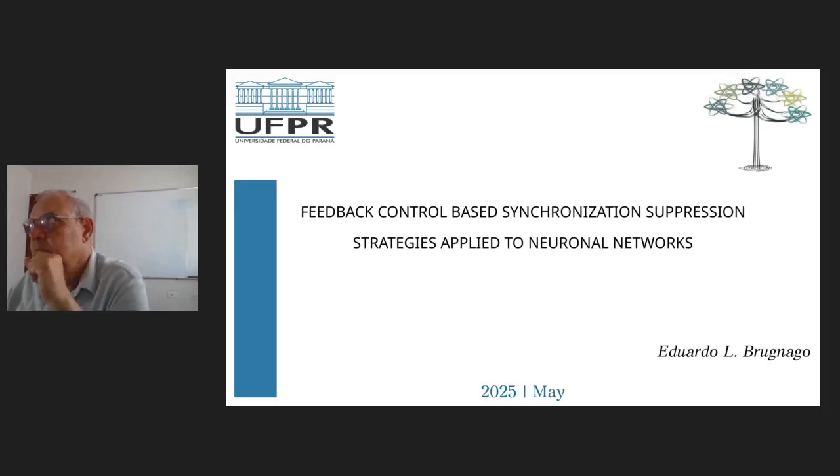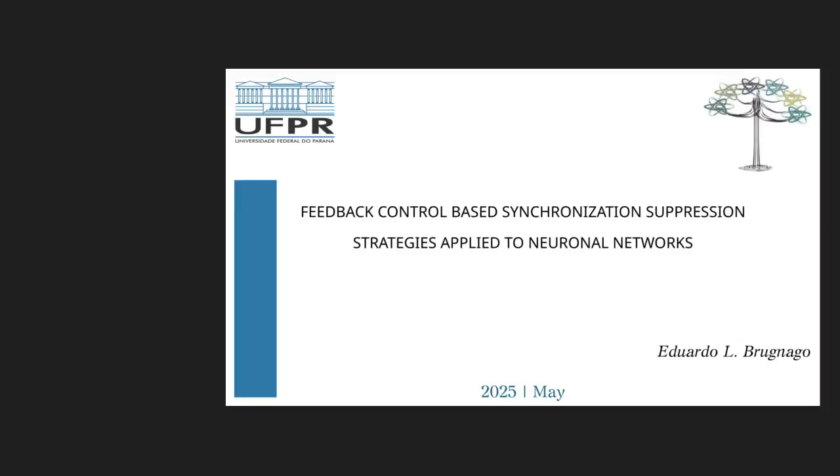We don't go deep into the medical questions, but just model a very simple neural network and consider three different feedback control suppression strategies, always based on the mean field of the activity of the neural network, and apply it in three different ways.